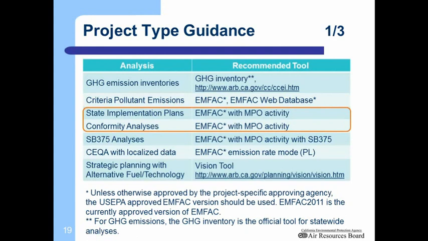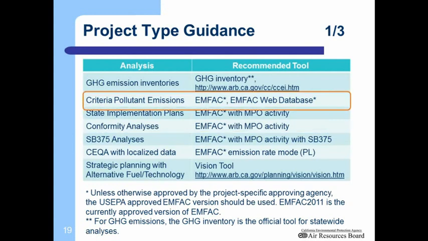I think one of the participants asked about the activity used for state implementation plans and conformity. For state implementation plan and conformity analysis, users should use EMFAC, but with activity from the metropolitan planning organizations, as required by law.